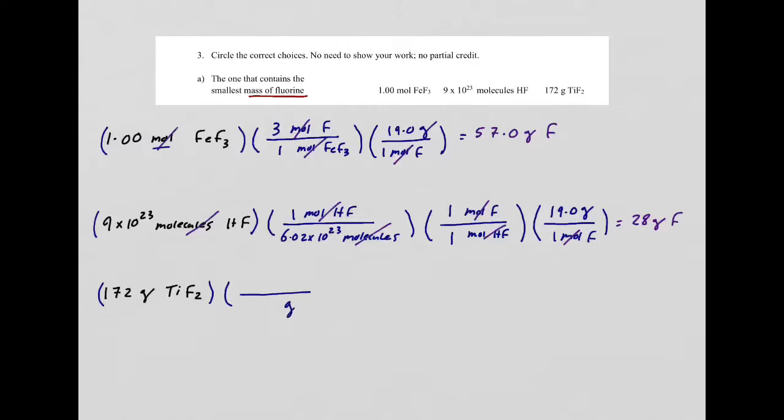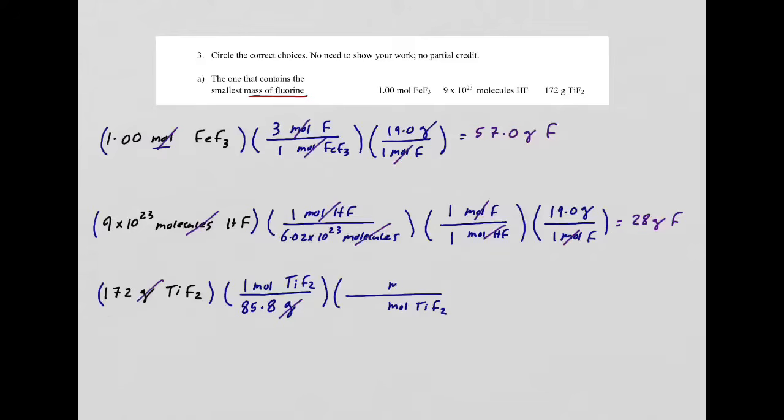So grams needs to cancel out, and I'm going to convert it to moles. 1 mole of TiF2 is 85.8 grams. Okay, so that's good. So now I have moles of TiF2. Now I can do a mole ratio. Again, I don't want the moles of titanium fluoride.